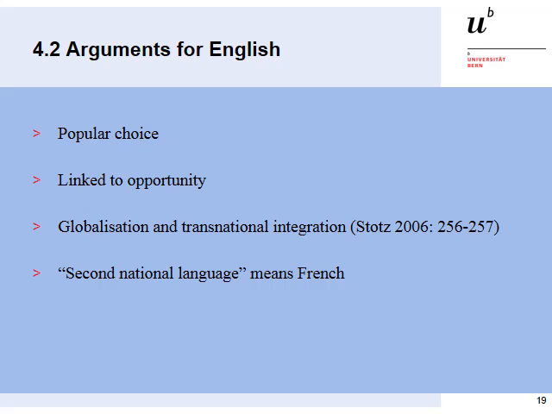And they also argue against the argument that language minorities are in danger because of English, because they say that the second national language usually means French. So children aren't taught Italian or Romansh largely at school, but French, and French isn't a minority language. It's the second most spoken language in Switzerland.